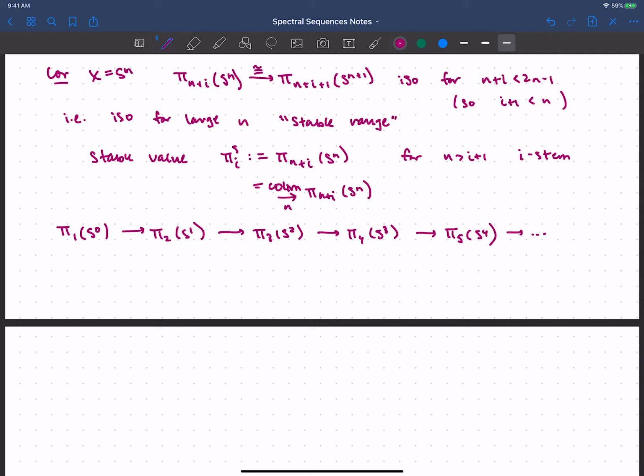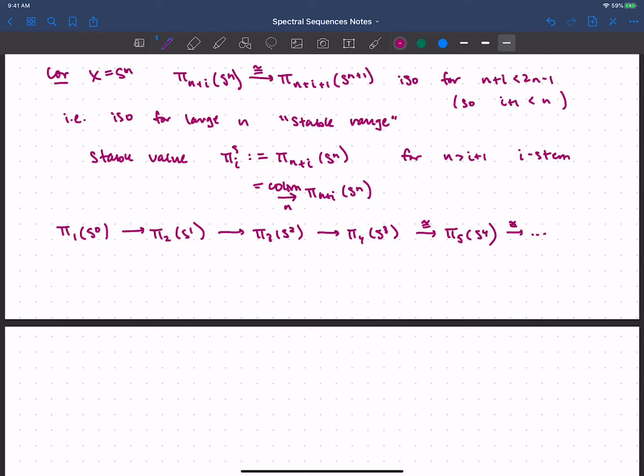Okay, and of course, let's check our indices first, maybe. So be careful that if I look here at pi 4 of S3, that's really 3 plus 1. So my i is 1 here. And I guess 3 is greater than 1 plus 1, which is 2. And so at this stage, I do have an isomorphism.